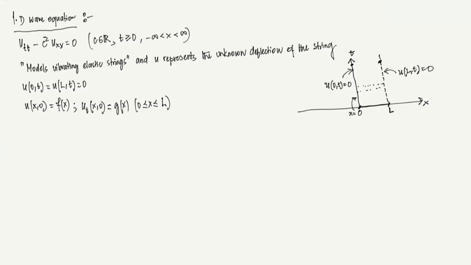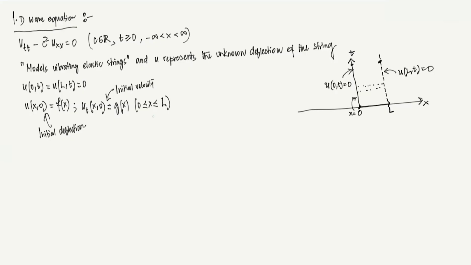So this is the initial velocity, and this is the initial deflection. Initial deflection is at t equals 0, and that's the velocity of the deflection. Those are the conditions which are given to us.